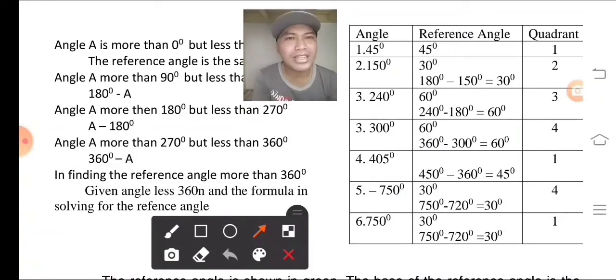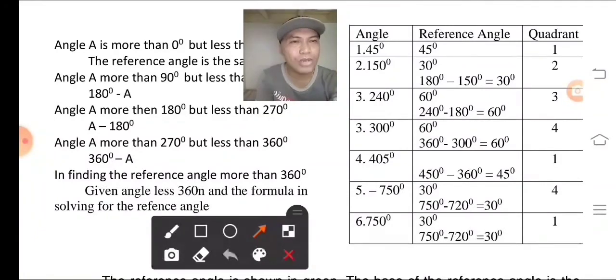In finding the reference angle of more than 360 degrees, the formula is the given angle less 360 degrees times n, the number of rotations.